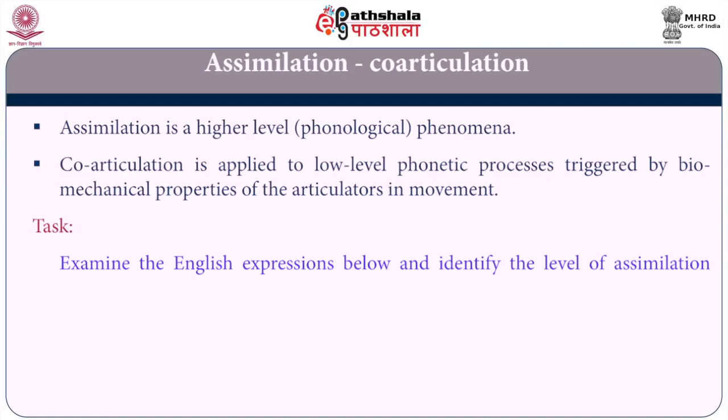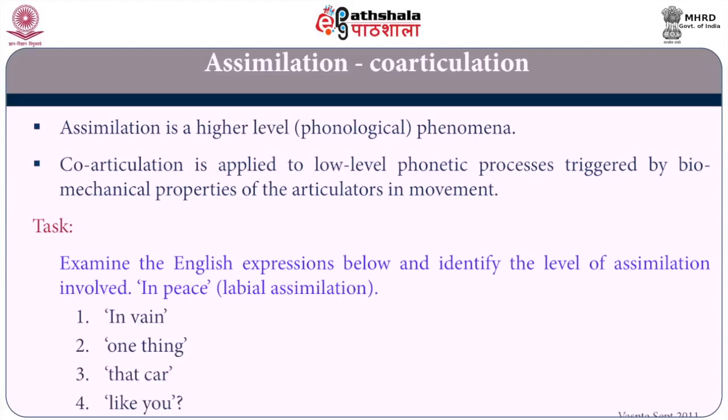It's actually becoming m. It's not in peace, it's im peace. So, that's called labial assimilation. I wanted you to work out 4 more words. In vain, one thing, that car, like you. So, read up the material that is given to you. Tell me which kind of assimilation is taking place in in vain, one thing, that car, and like you when you say it fast. I will not give you the answers, but you try and work it out.